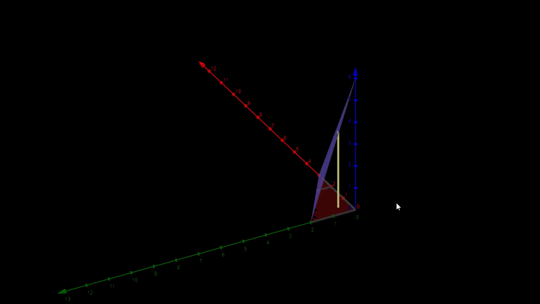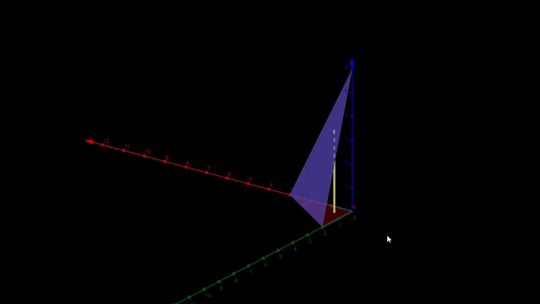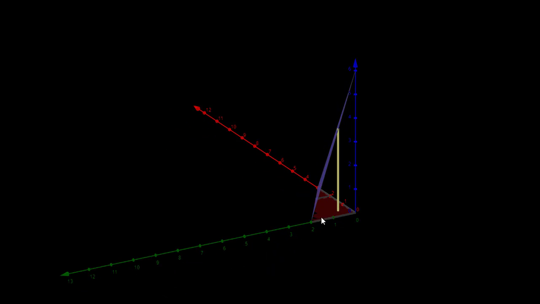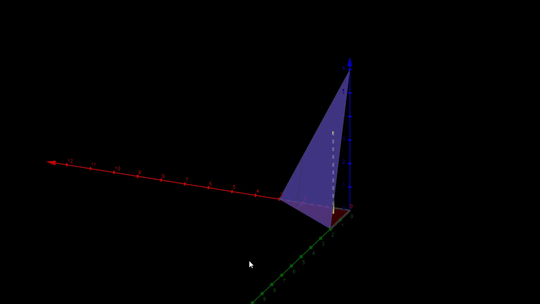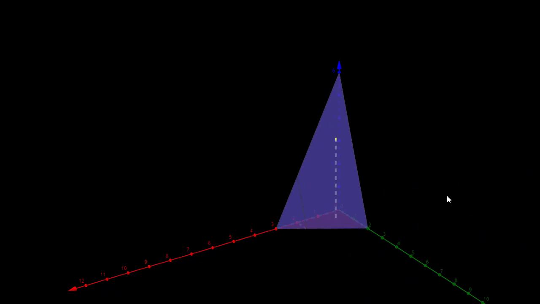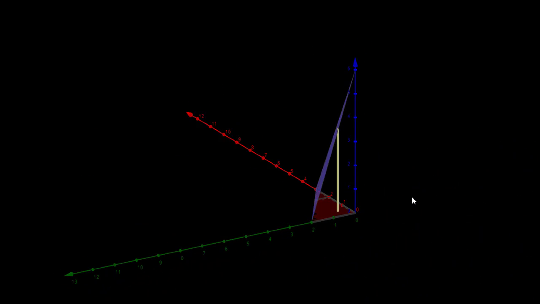If you draw a line straight through the object, just like in the 2D regions, we're treating this the same way. The base is the red triangle, while the cap, the roof or the ceiling, is this purple part of the plane. So this is going to be the lower limit of z, and this is going to be the upper limit of z.